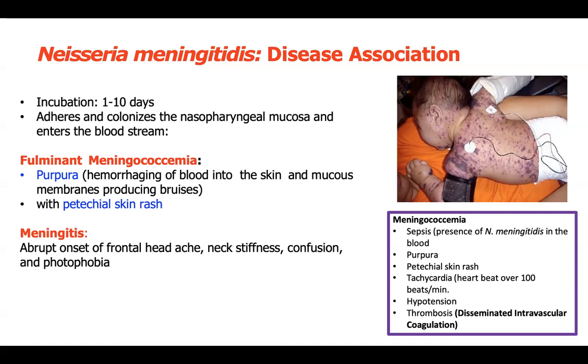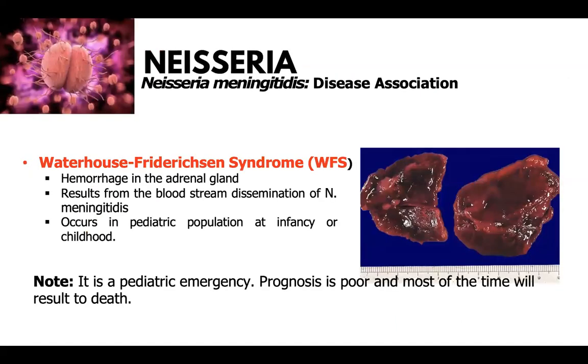Disseminated intravascular coagulation. Okay? And then we have the Waterhouse-Friderichsen syndrome or the WFS. So, eto naman, ang affected area is the adrenal glands. There's hemorrhage in the adrenal glands resulting from bloodstream dissemination of Neisseria meningitidis.